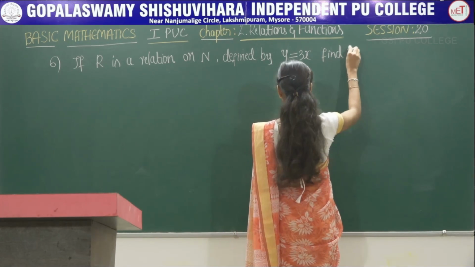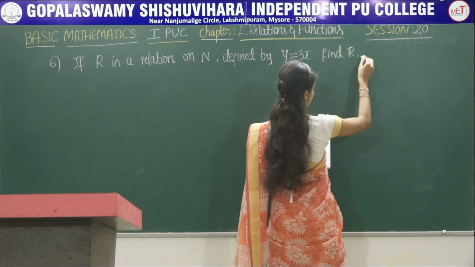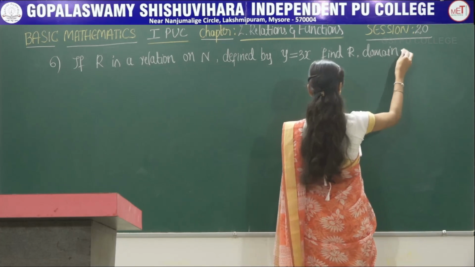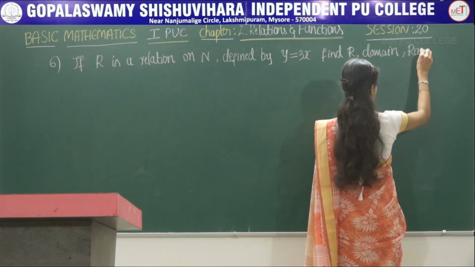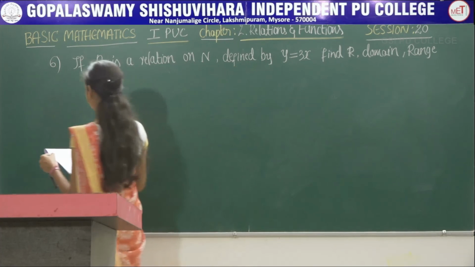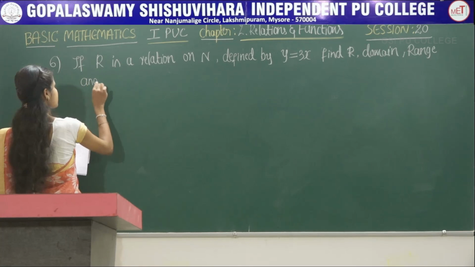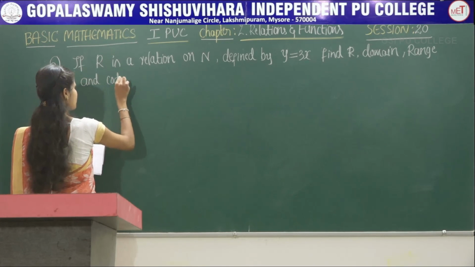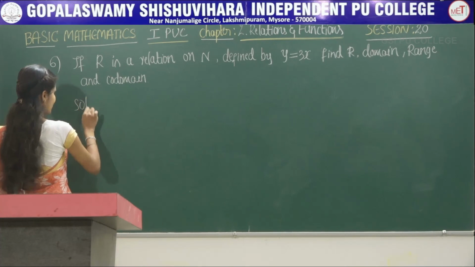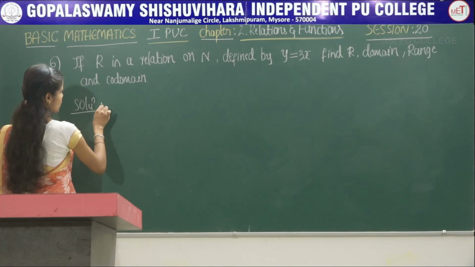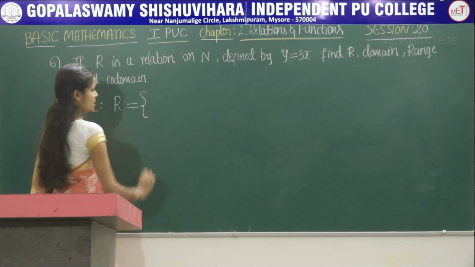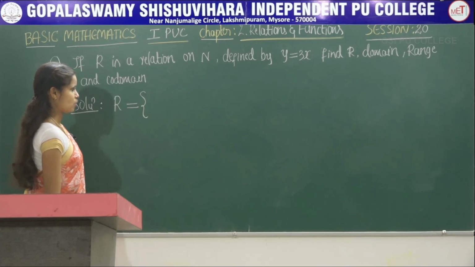Find R, its domain, range and codomain. First find R, that is, represent the relation in set roster form.